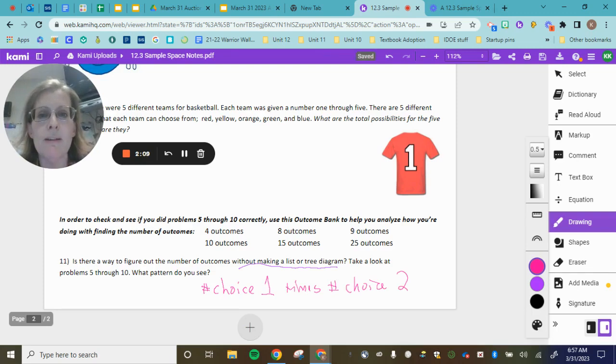The sample space, the number of outcomes, that's going to be the denominator in your probability fraction, like we learned in the last lesson in 12.2, that the number of possible outcomes was on the bottom. This is the number of possible outcomes, the sample space. So the shortcut, you just do how many ways you can do the first thing times how many ways you can do the second thing to get your denominator.